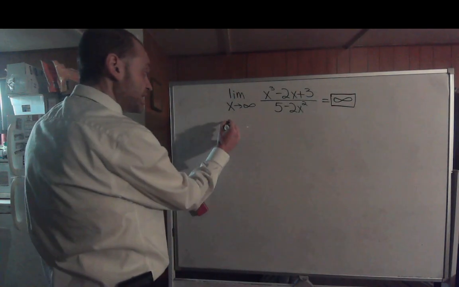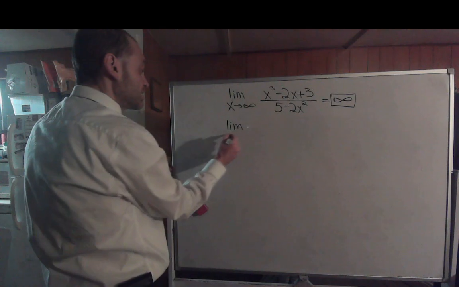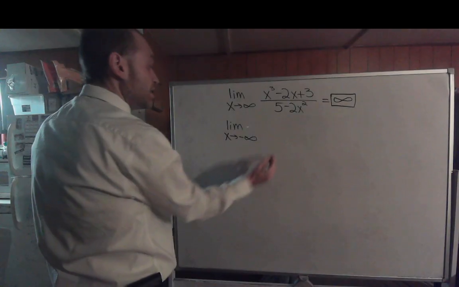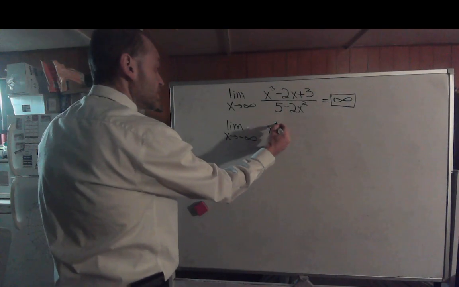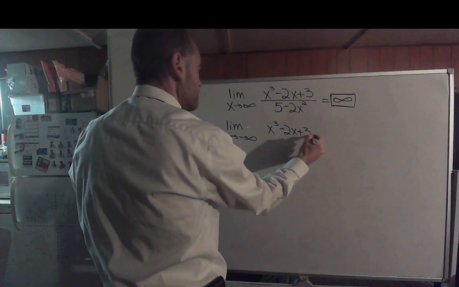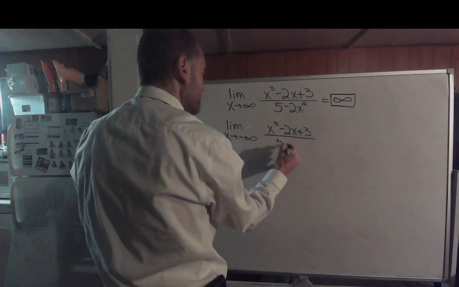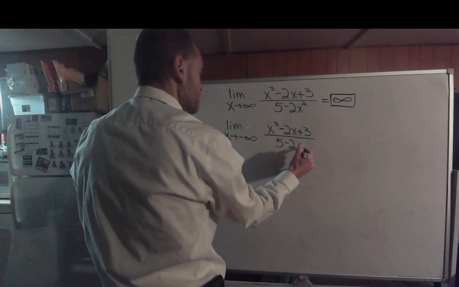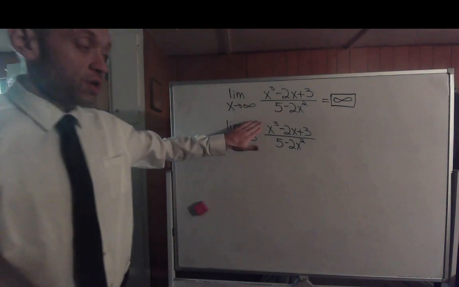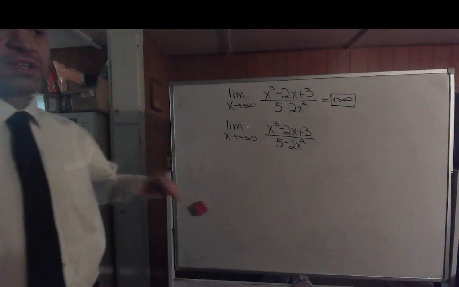Now, what if we take the same function, we take the limit as x approaches negative infinity of this exact same function. So x to the 3rd minus 2x plus 3 all over 5 minus 2x squared. Well, again, the degree of the numerator is greater than that of the degree of the denominator.